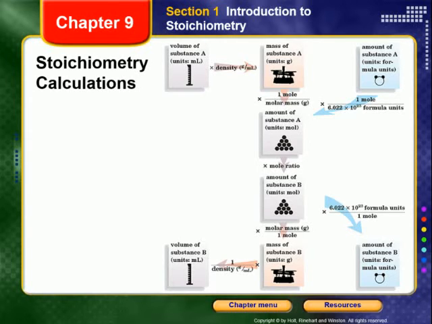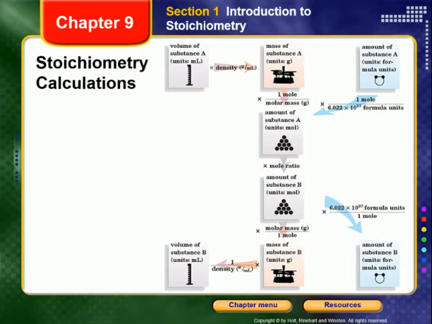Then you'll be in grams. Now you have the mass of a substance. Then you can convert using the molar mass into a number of moles. You can use Avogadro's number to convert into how many units or how many atoms or molecules are present. Or you can use the mole ratio to start talking about a different substance identified as substance B here. Again, you'll be in moles.